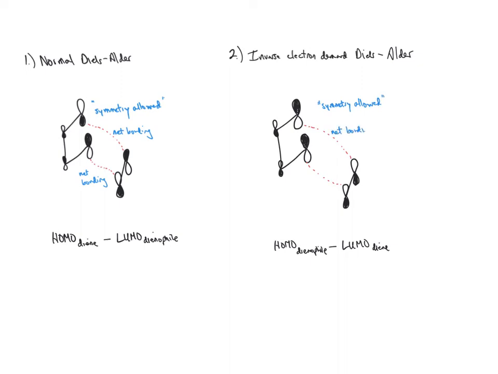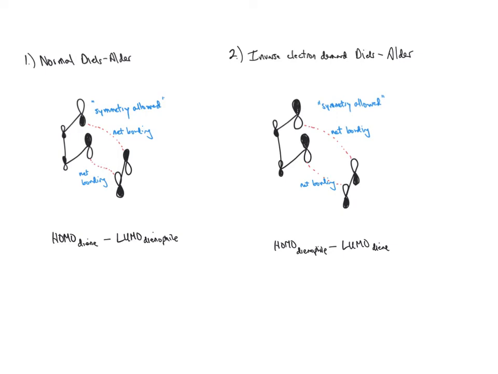So these are in phase again. And so you can get bonds to form, and they're going to form between the diene and the dienophile on the end carbons. So these two processes are allowed theoretically.